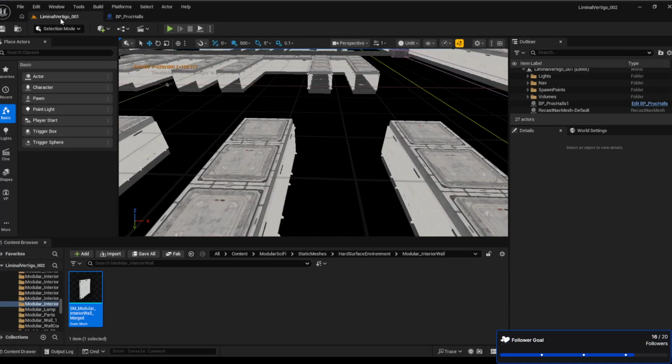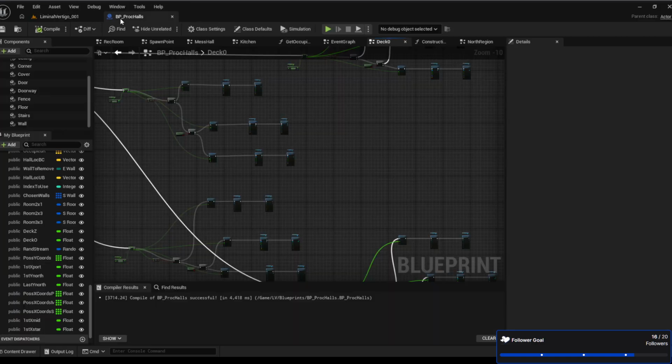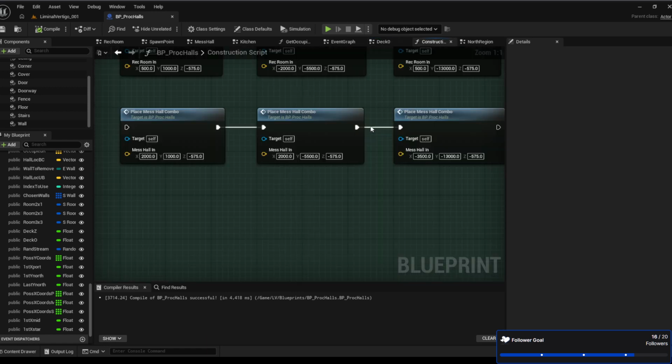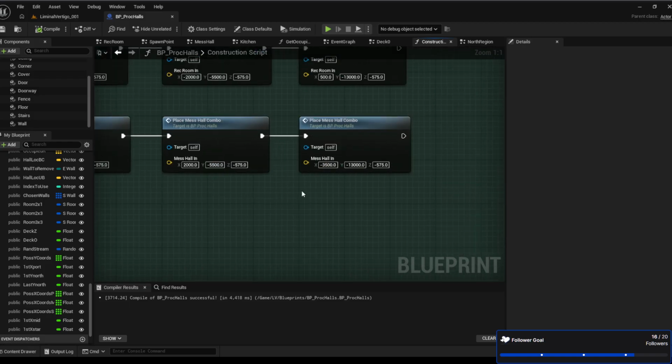Where do we paste it? Oh, I know. I look in here. So we got 1,000, negative 5,500, and the last one is at negative 1,300.